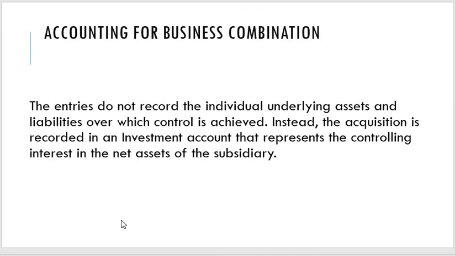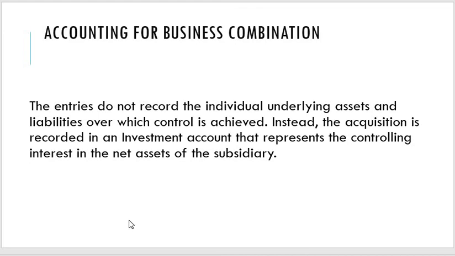Because unlike with a merger, on the date of acquisition, the acquirer will debit all the assets acquired, including goodwill if the merger resulted in goodwill, and credit liabilities assumed or acquired, and credit whatever part of the consideration, and credit gain if the merger resulted in a gain.